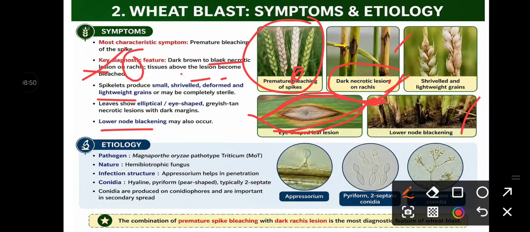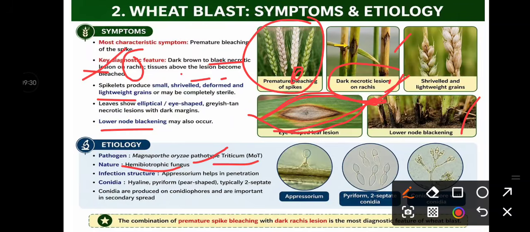So the pathogen is Magnaporthe oryzae pathotype Triticum. Nature of the pathogen is hemibiotroph. So initially the pathogen behaves as a biotroph, and after some time it behaves as a necrotrophic pathogen. That's why it is known as hemibiotroph. Generally, when this pathogen infects the first initial cell, on that first initial cell it behaves as a biotroph, meaning it doesn't kill that cell.